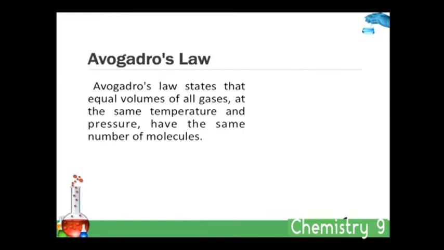Avogadro's law states that equal volumes of all gases at the same temperature and pressure have the same number of molecules. Volume is proportional to the number of moles at constant pressure and temperature.